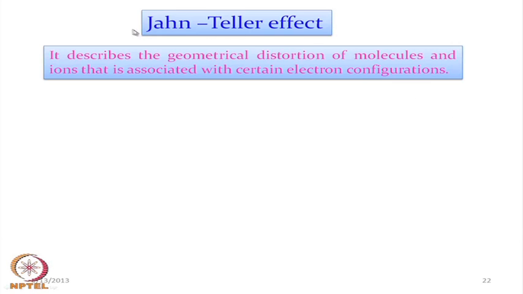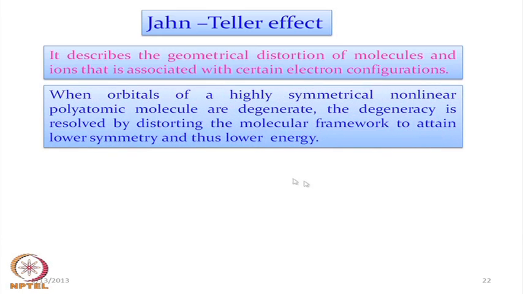Now we see that this JT effect, or Jahn-Teller effect, is only operative for certain electronic configurations, and those configurations would be sensitive to this particular effect. So, when the orbitals of a highly symmetrical nonlinear polyatomic molecule are degenerate, the degeneracy is resolved or lifted. Degeneracy means we have all the levels together.